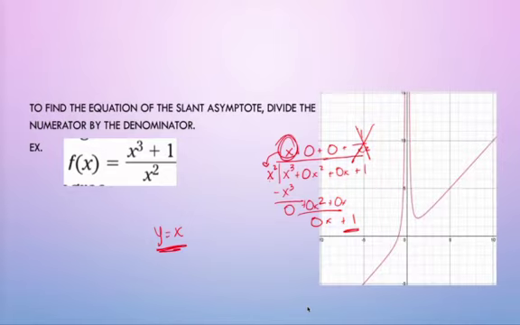And here's the line, right? If we graph the line y equals x, we can see that the function gets closer and closer to that line as x approaches infinity. So we would write that using our notation for end behavior: as x approaches infinity, f of x approaches x.